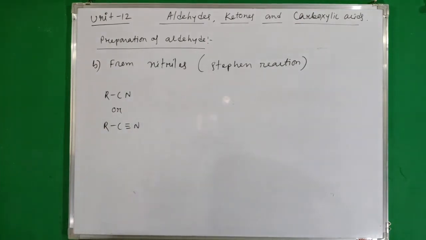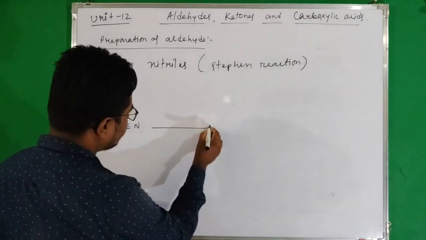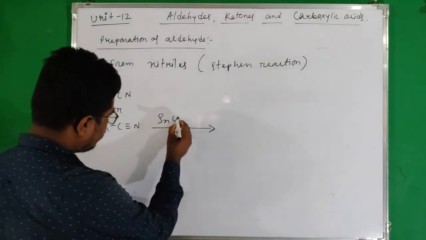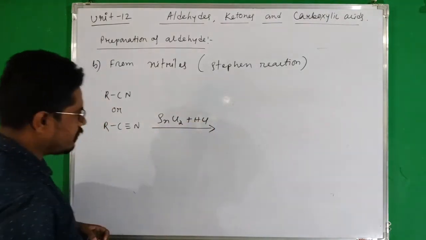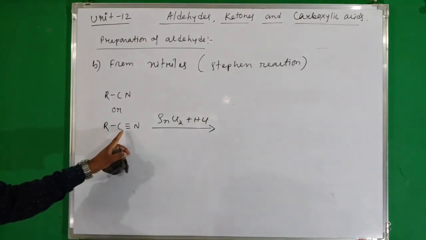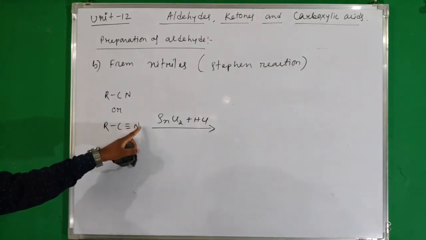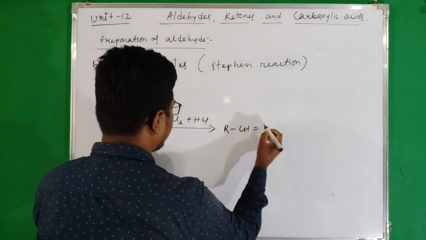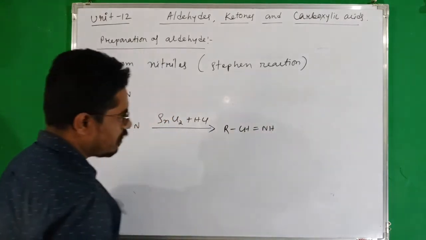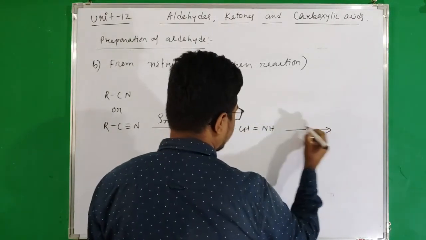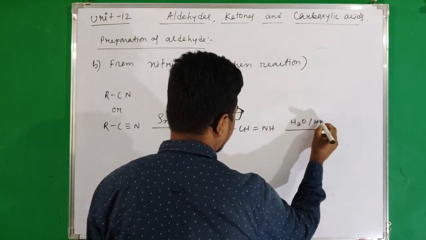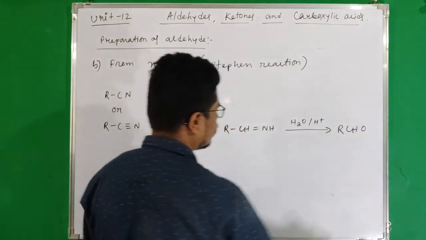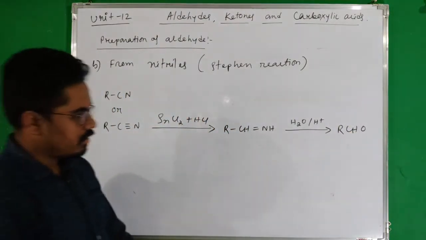During Stephen reaction, the nitrile is reduced with SnCl2 in presence of HCl, and during reduction one hydrogen is added to the carbon and another hydrogen is added to the nitrogen, forming CH double bond NH. After hydrolysis, the final product is RCHO, that means an aldehyde.